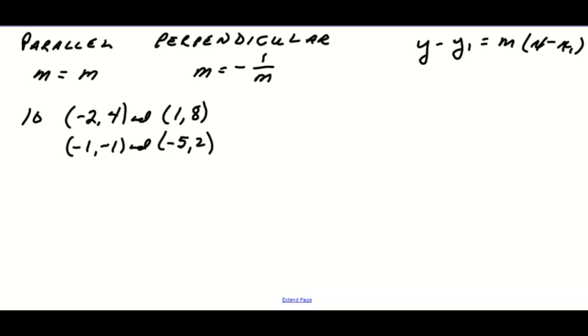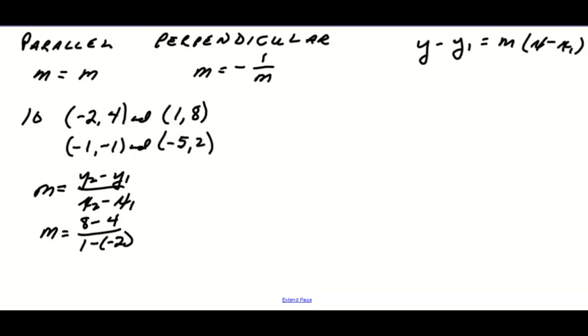Now, what we need to do is figure out the slope for each one of them. So let's take the first set of points. Remember our formula, m equals y2 minus y1 over x2 minus x1. In that first one, we'll take 8 as y2 minus 4, and for x2 we have 1 minus a negative 2. What we have now is 4 over 1 plus 2, or 4/3.